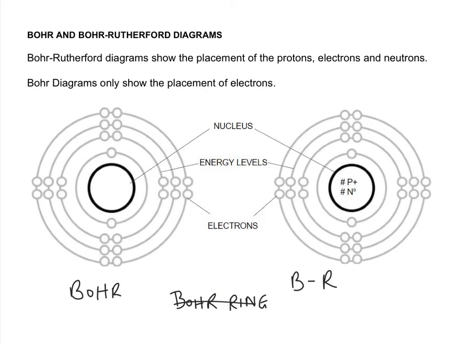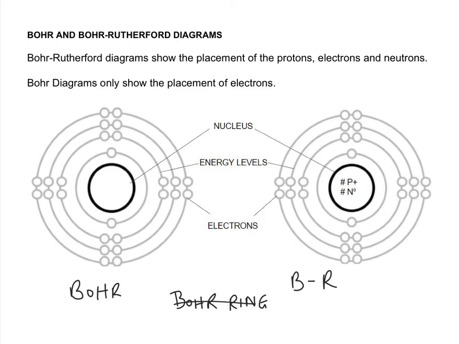And I'm using these diagrams to show you how I'd like you to do your Bohr diagrams or your Bohr-Rutherford diagrams, because it's going to help us figure out how many bonds an atom will make later, depending on how many unpaired electrons it has.